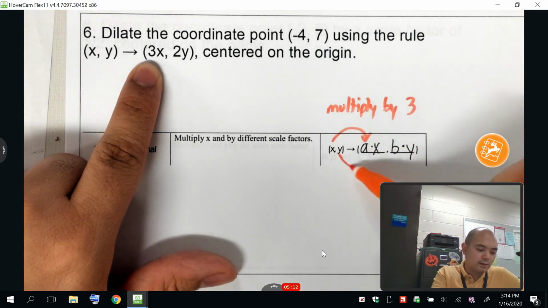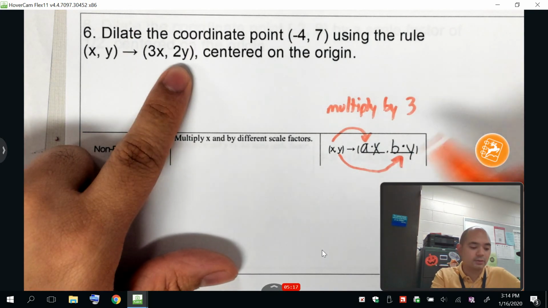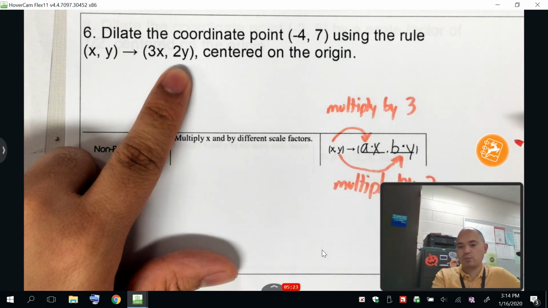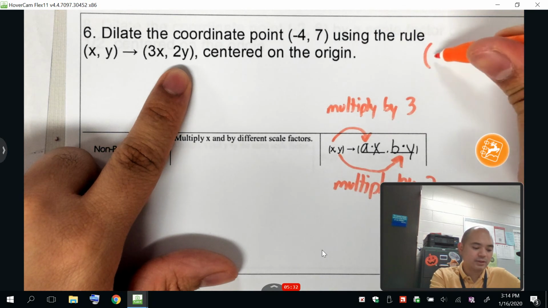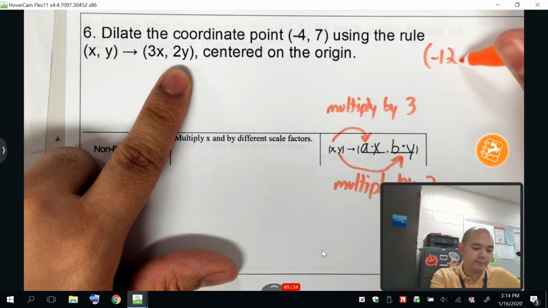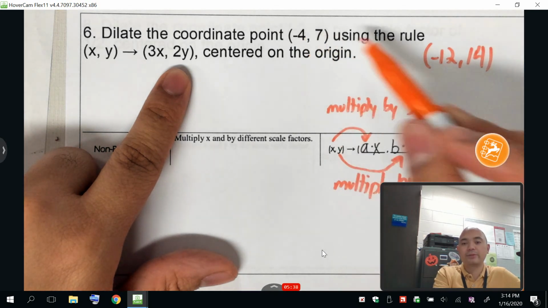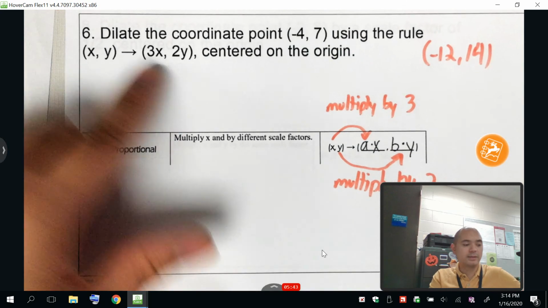And then y, going to this y, you have that number over here, it's a 2, which means you multiply by 2. Okay? So take time to answer. And your answer should be, your (-4, 7) should be (-12, 14). Negative 4 multiplied by 3 gets me negative 12. 7 multiplied by 2 gets me 14.